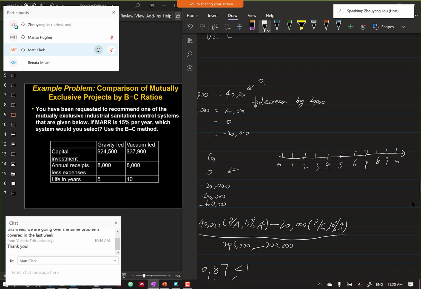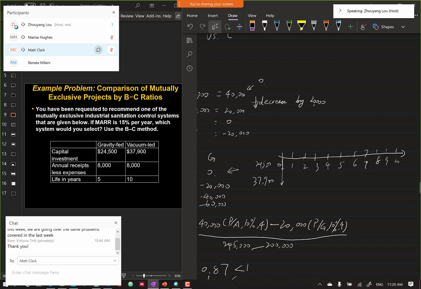Okay, so the capital investment for the gravity is 245, and for the vacuum, it's 37,900.